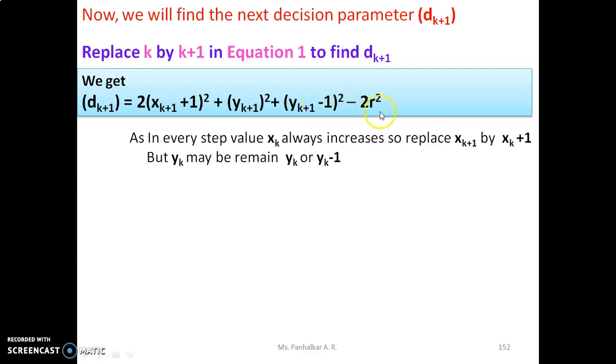Now as you know, when we are incrementing, xk plus 1 is always an incremented value, but we cannot decide what yk plus 1 will be. Either it will be yk or it will be yk minus 1. But the next x is always incremented by 1.